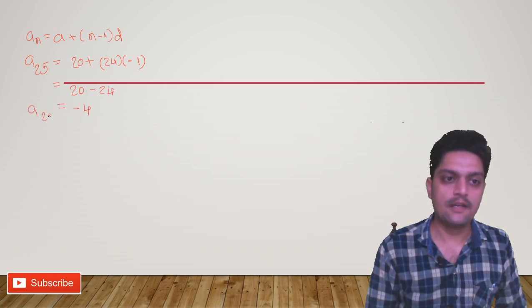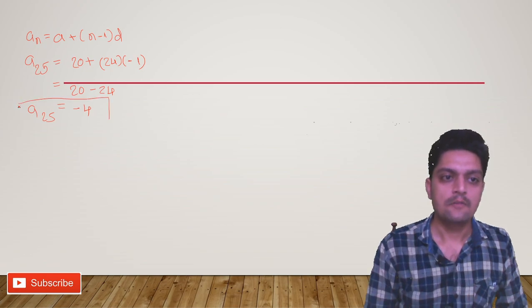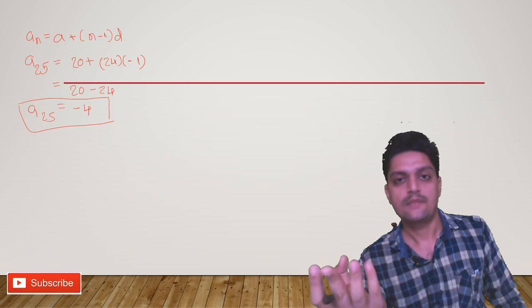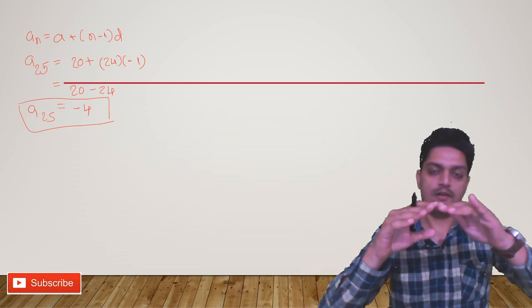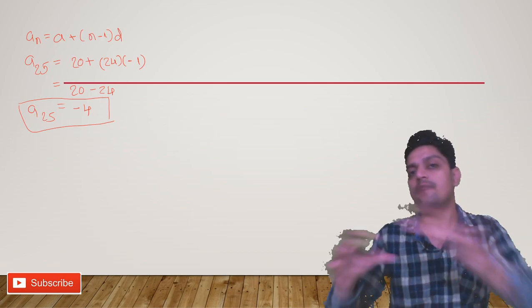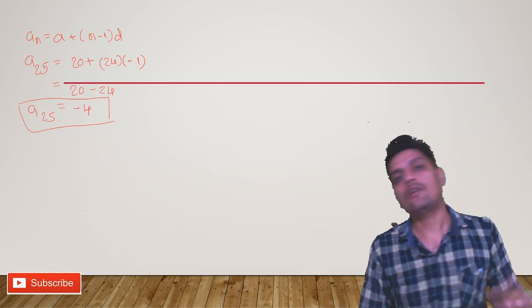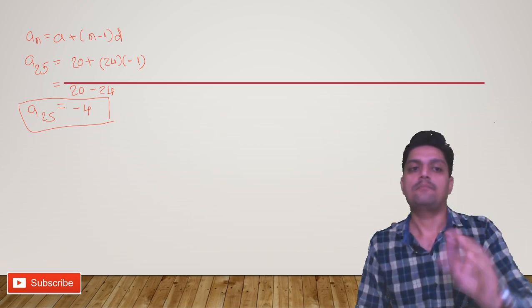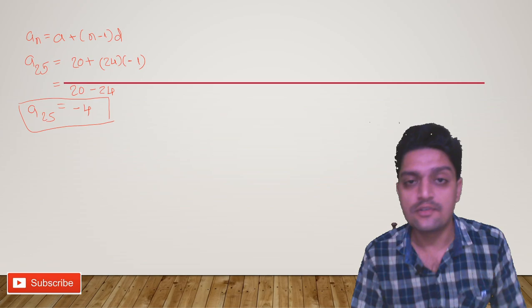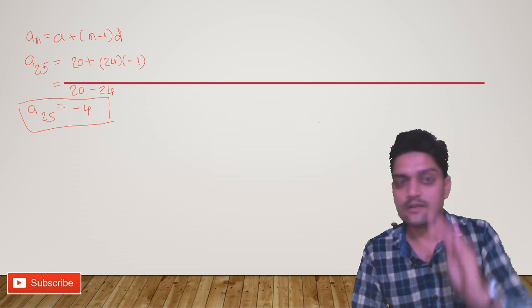So a25 means if you arrange 25 logs in 25 rows, on the top row you will get minus 4 logs. Is it possible that you get minus 4 logs on the first row?